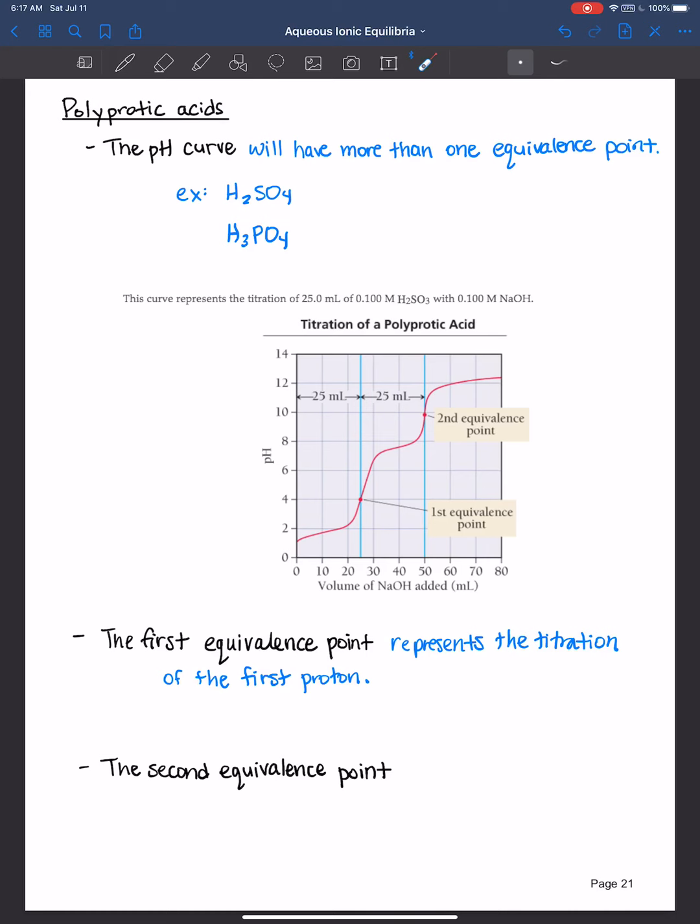And then the second equivalence point represents the titration of the second proton.